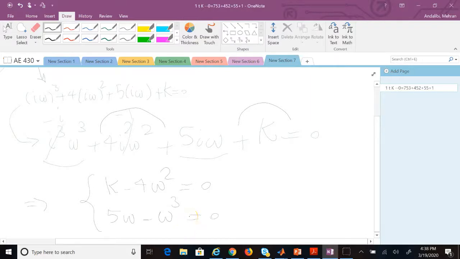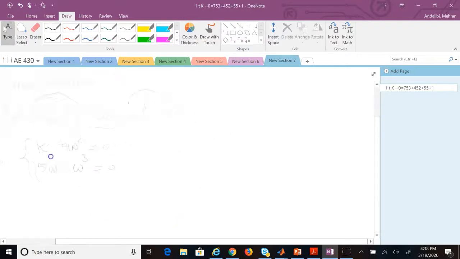Let me write this a little more organized. It is going to be k minus 4 omega squared plus i times (5 omega minus omega cubed), and this whole thing is equal to 0.